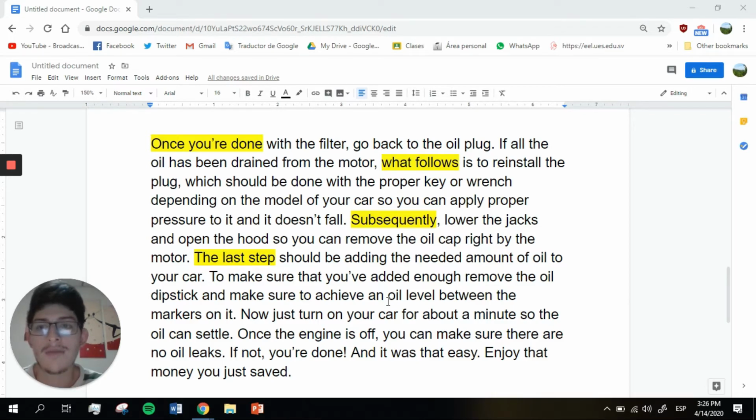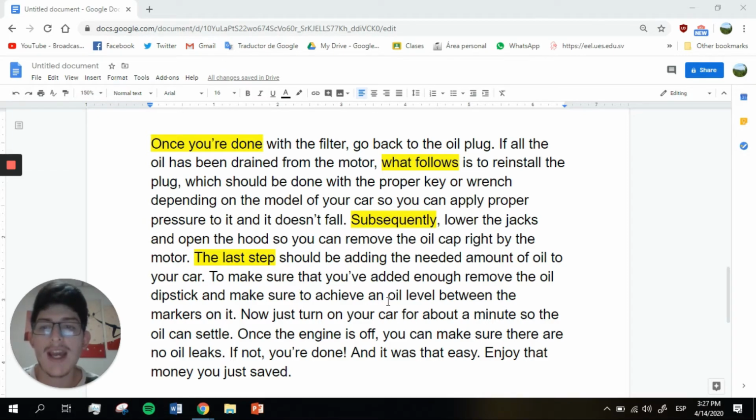So let's read it. Once you're done with the filter, go back to the oil plug. If all the oil has been drained from the motor, what follows is to reinstall the plug, which should be done with the proper key or wrench depending on the model of your car, so you can apply proper pressure to it and it doesn't fall.